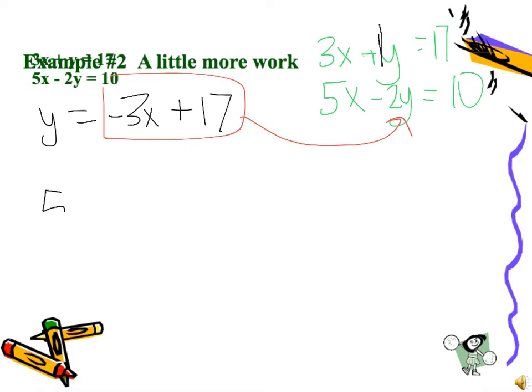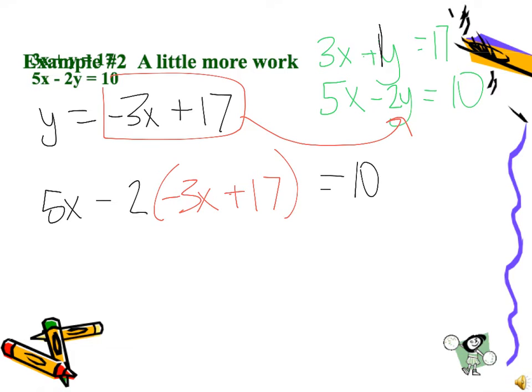Okay, now I have my y, and I'm going to substitute it in for the other equation. So then I get 5x minus 2 times y, which is (negative 3x plus 17), equals 10. Now I'm just going to distribute.